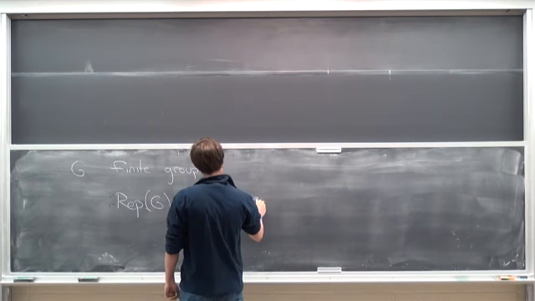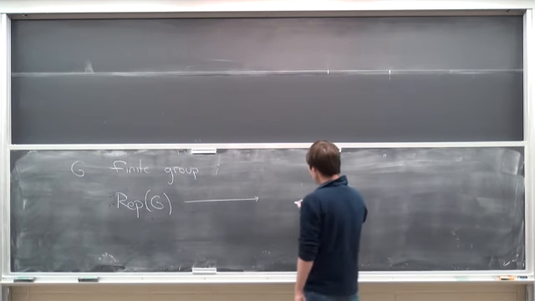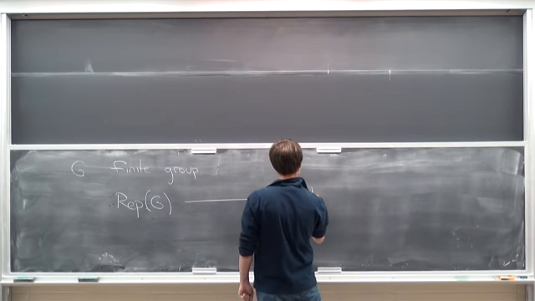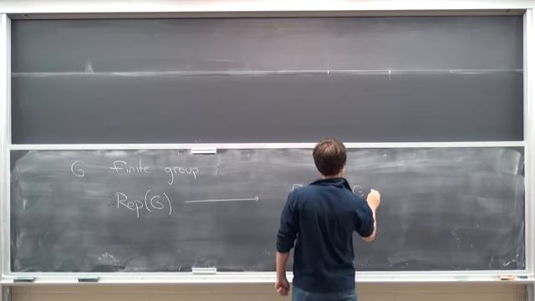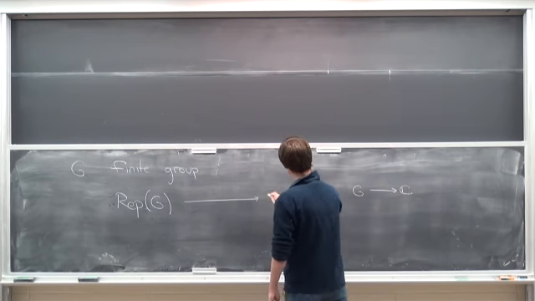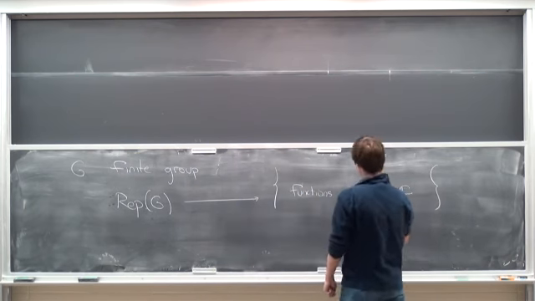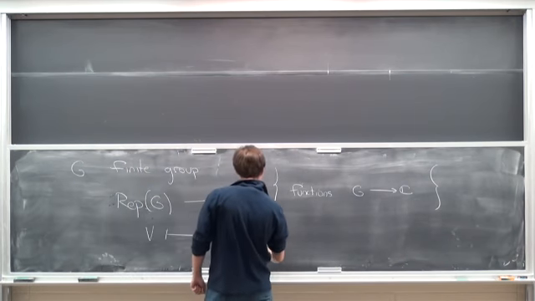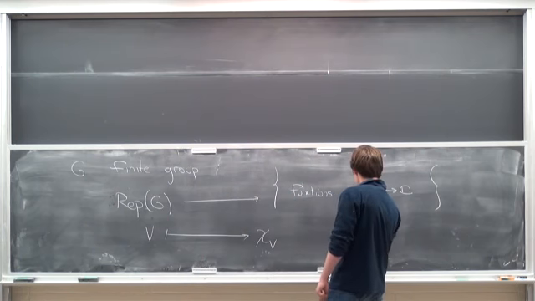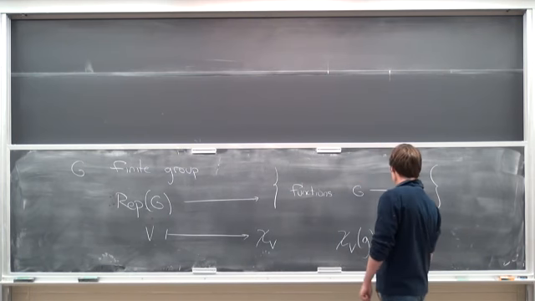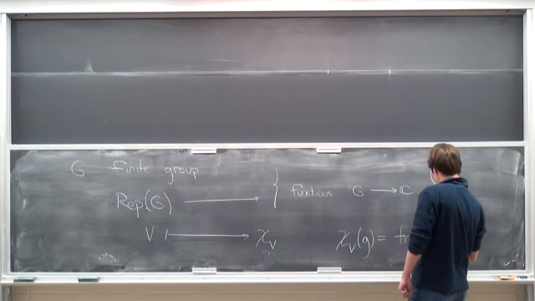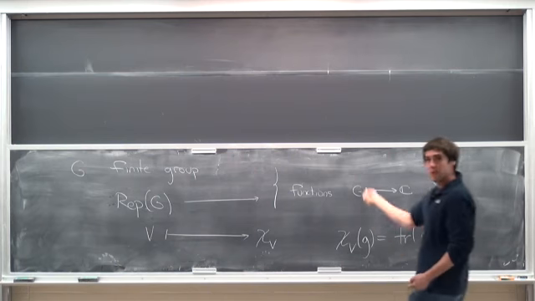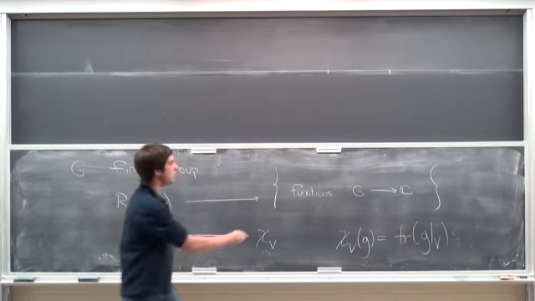So there's a map that takes the representation ring of G to the collection of functions from G to the complex numbers. And that map takes a representation to its character, which I'll write as chi sub V. So chi sub V on an element g is the trace of the action of g on the vector space V. The character of any representation is a conjugation-invariant function.